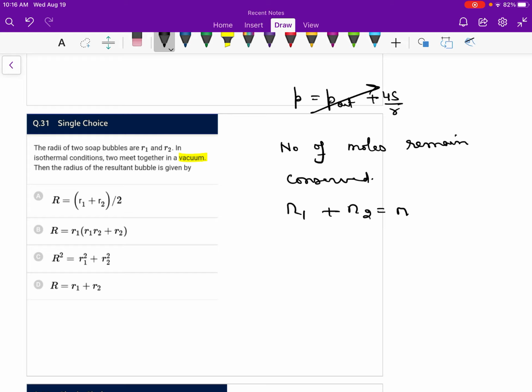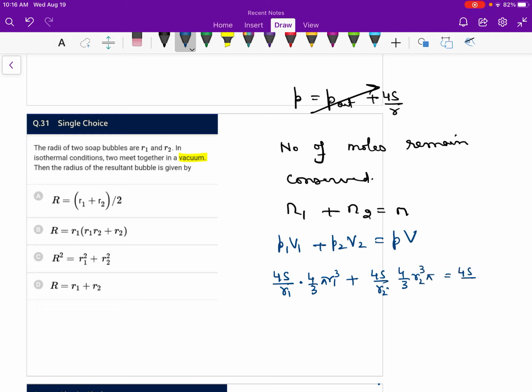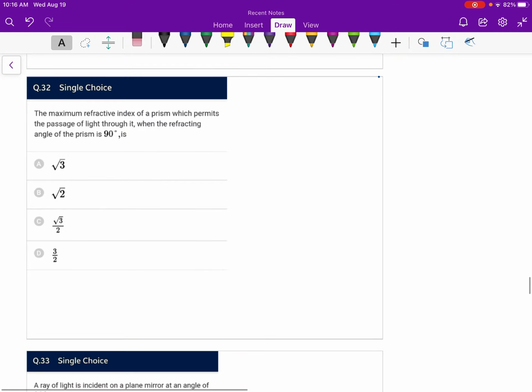So the inside pressure is 4S by R. In the isothermal condition, P1 V1 plus P2 V2 is equal to PV. So P1 is 4S by R1 into V1, which is 4 by 3 pi R1 cube. P2 is 4S by R2 into V2, which is 4 by 3 pi R2 cube, equal to P, which is 4S by R, capital R, into volume 4 by 3 pi capital R cube. So we have R square equals R1 square plus R2 square. So C is the correct option.